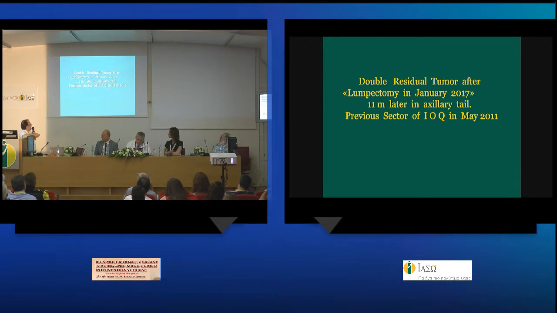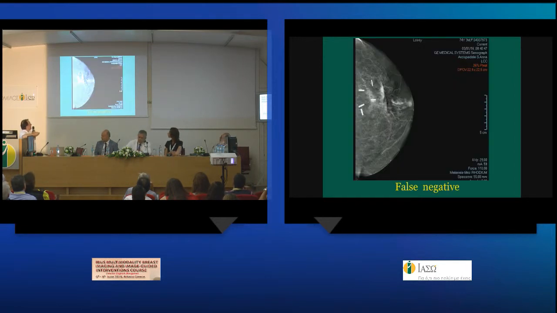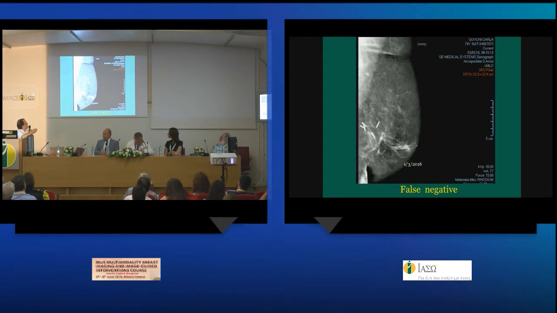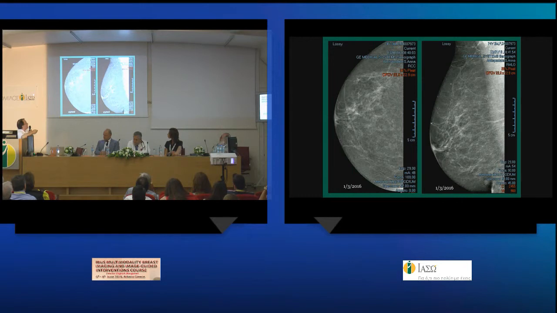Yes, 2011. But it's totally different from this position. Here there are clips for radiotherapy. And there was a false negative. There is nothing in this axillary tail here. In March of 2016, it's a real false negative.